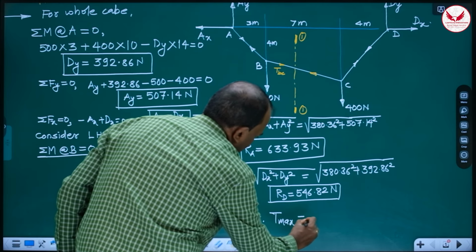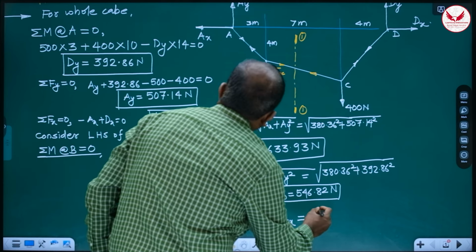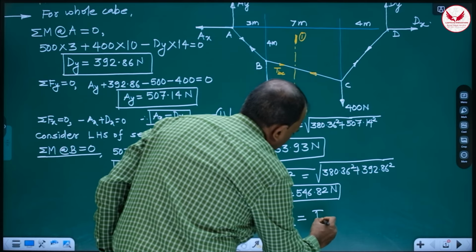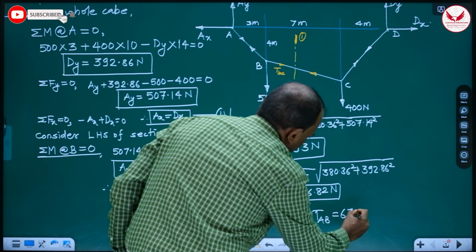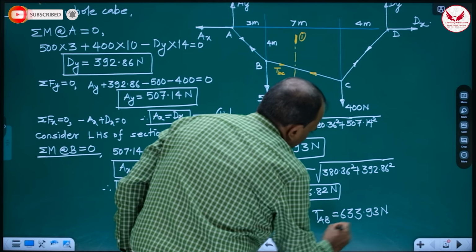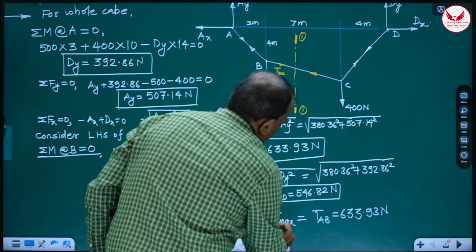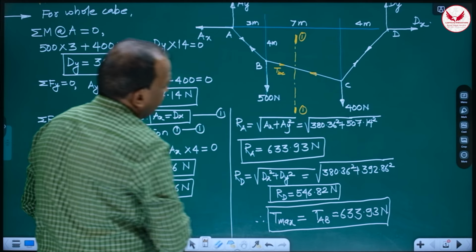In this case, I feel T max is 633, at A. That segment is going to be TAB, and the answer is 633.93 Newton. So this is whatever is asked in this problem.